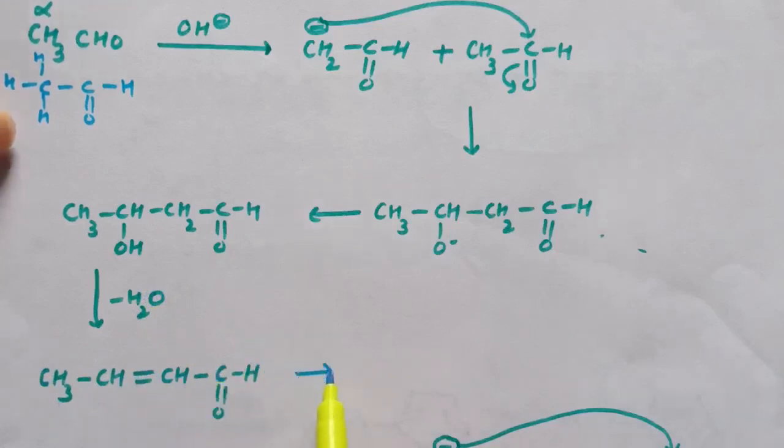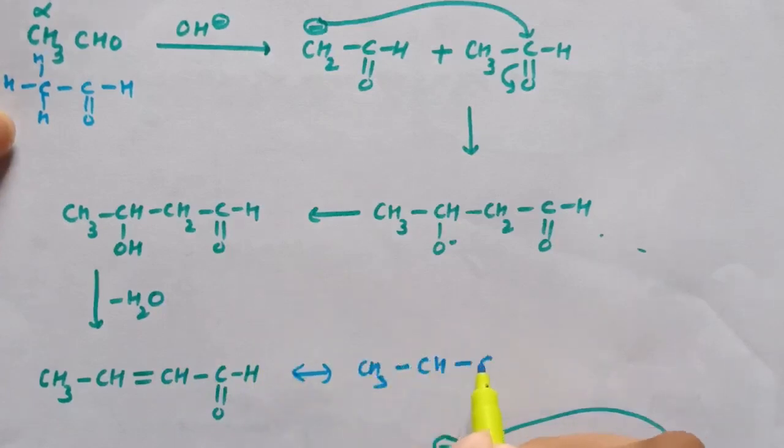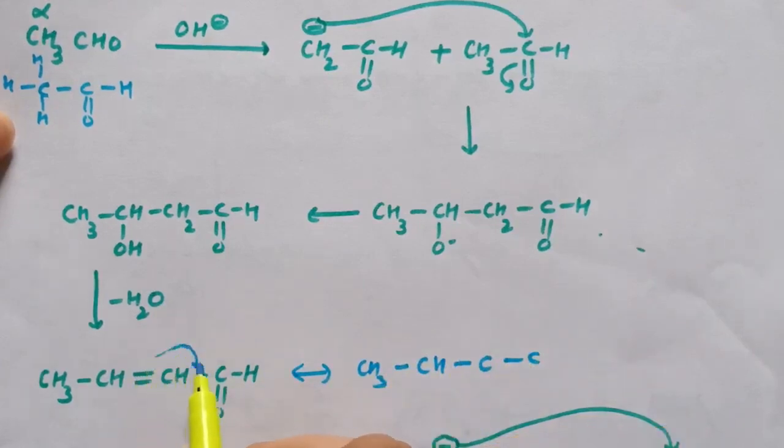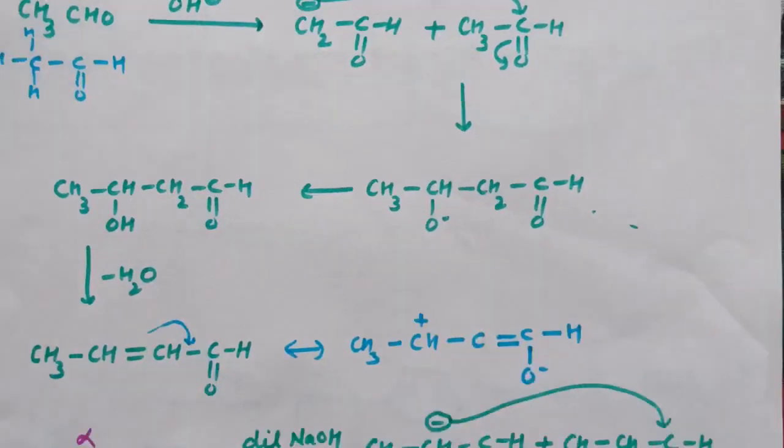We can draw the resonating structure CH3, CH. Now this is shifted to this. So this will form when we shift this double bond in between this carbon-carbon atom, and this bond is shifted onto this oxygen.